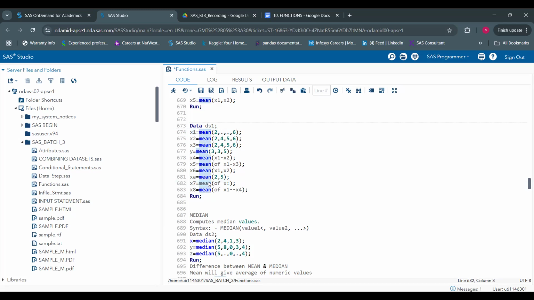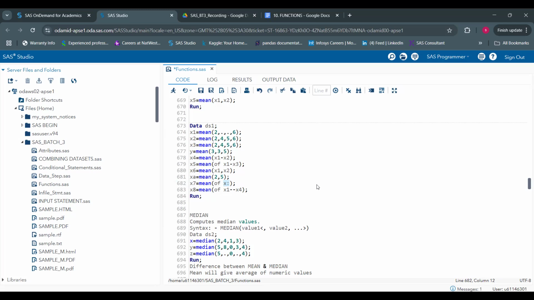We are calculating the mean of x colon. So what does x colon have? Maybe x1 till xa. How many numbers? x1, 2, 3, 4, 5, 6, 7. Total 7, so divided by 7.